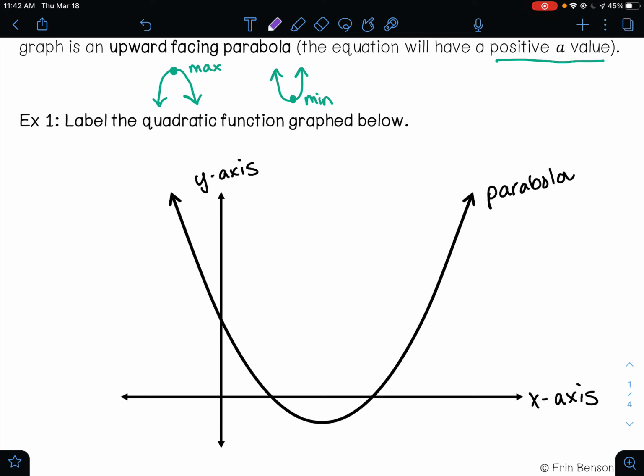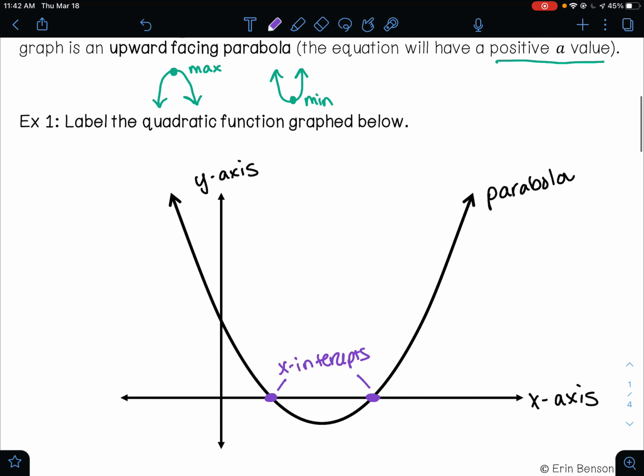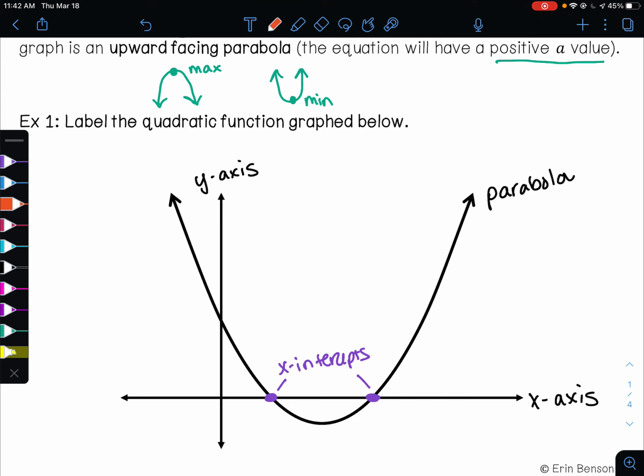Where the parabola crosses the x-axis at these 2 points right here, these are called the x-intercepts. Where the parabola crosses the y-axis, that is known as a y-intercept.